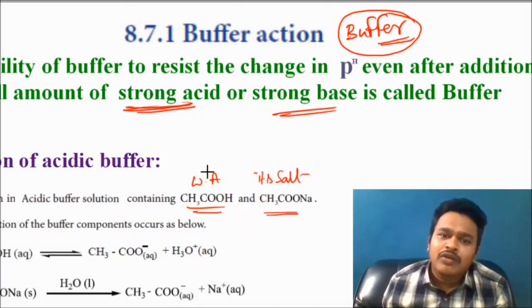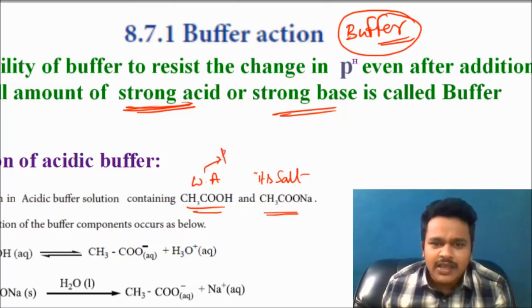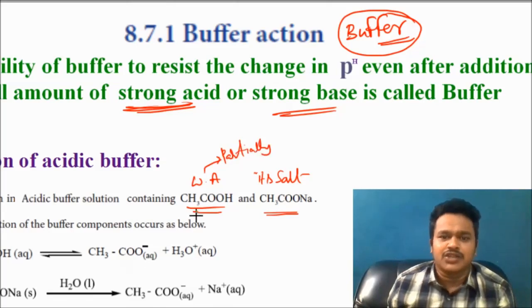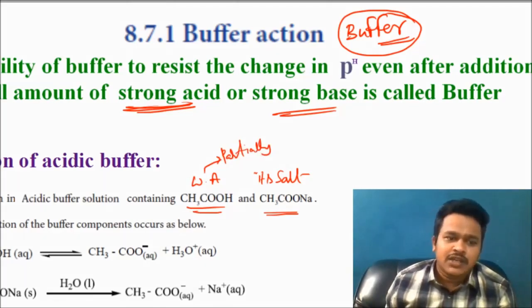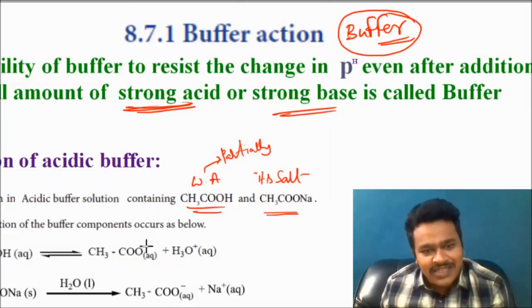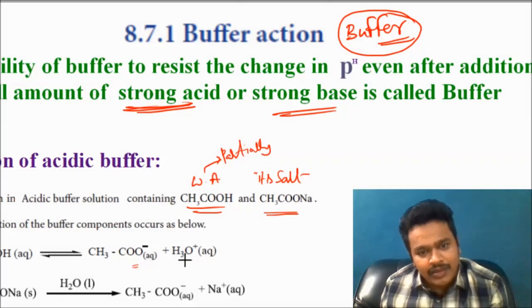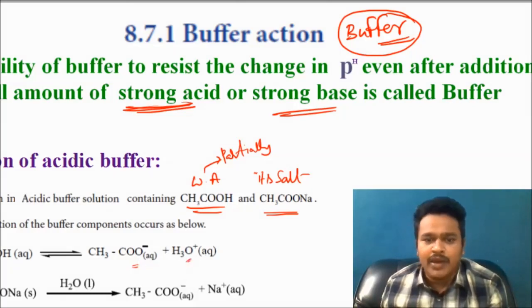What we know, weak acid means it dissociates very little, that means partially dissociated. So whenever it is partially dissociated, only a small amount of acetic acid converts into acetate ion and hydronium ion.